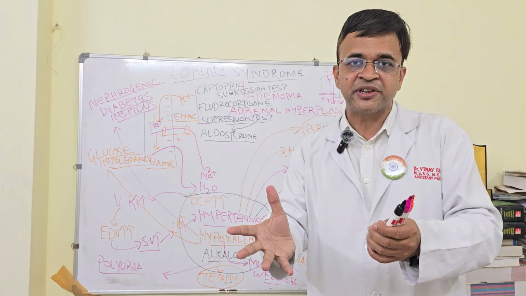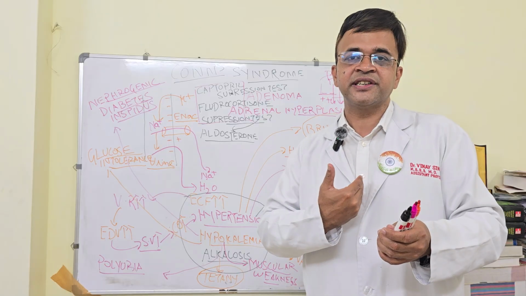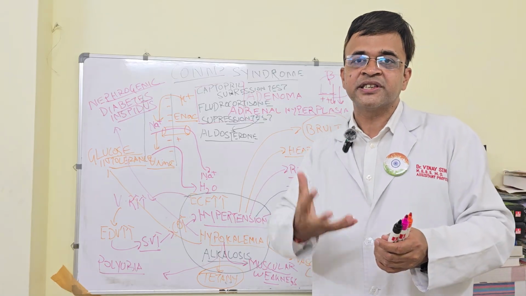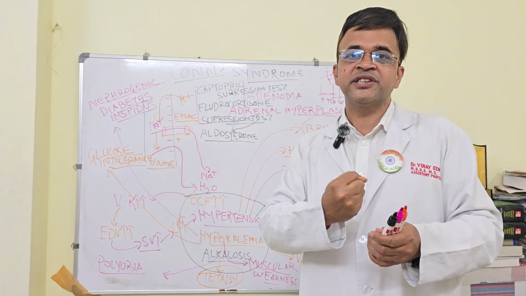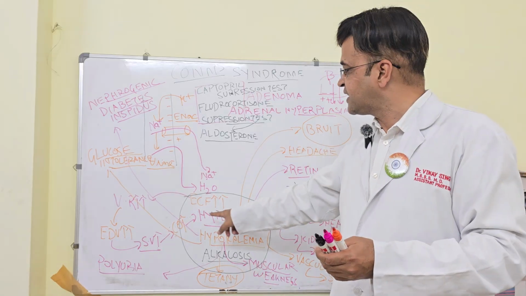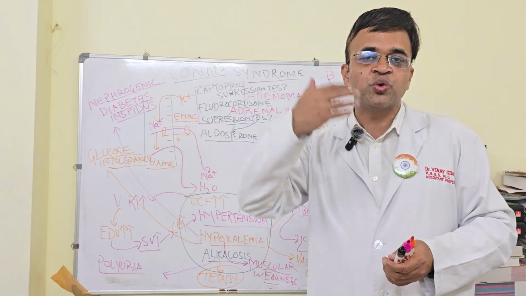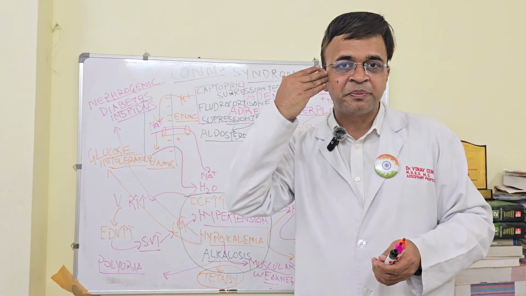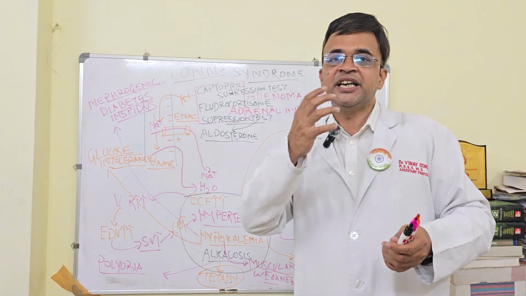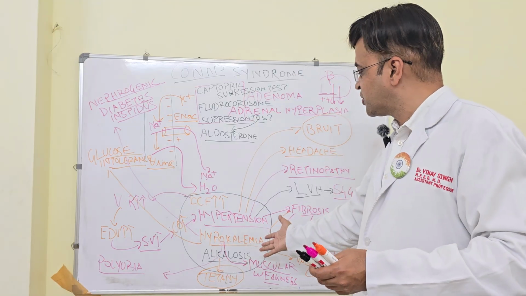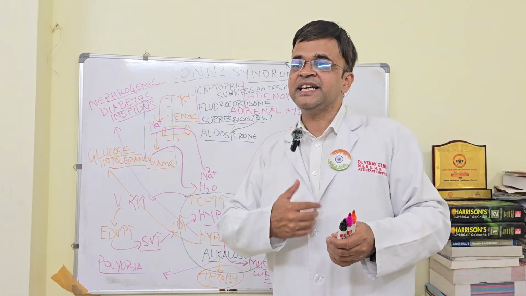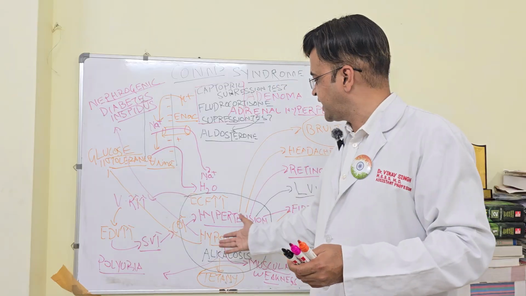ECF volume increases, venous return increases, diastolic volume increases, stroke volume increases, cardiac output increases, and ultimately blood pressure increases. High blood pressure can lead to headache, retinopathy, left ventricular hypertrophy, and atrial fibrillation.